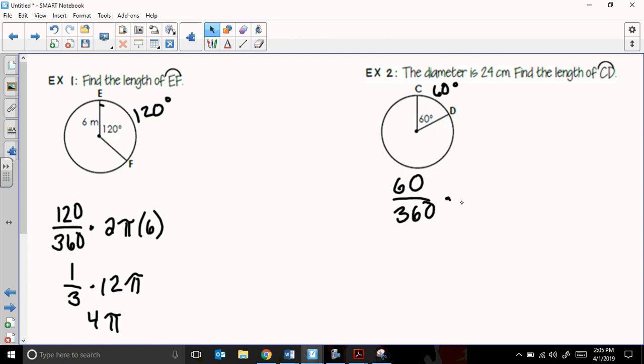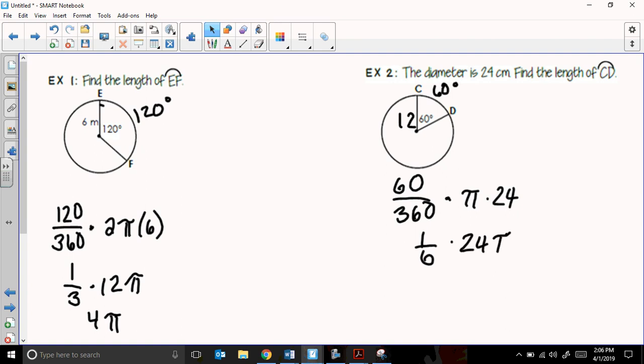And since we know the diameter is 24, we know the radius is 12. So either way, circumference is 2 pi r, or pi times the diameter. So then we can do pi times the diameter of 24. Okay, and just so you can see this, 60 divided by 360 is 1/6 times 24 pi.